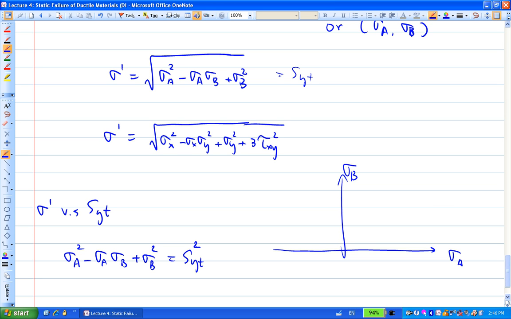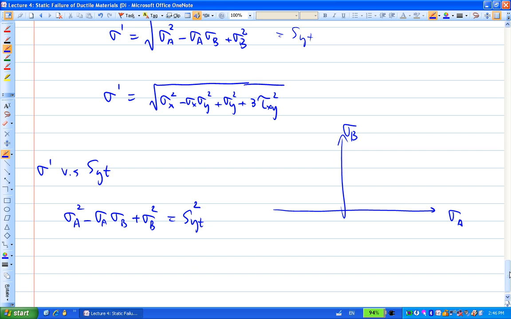This is basically the boundary, and the boundary separates the safe and unsafe regions. So the next question is, we're going to plot this in the sigma A and sigma B plane, because it's like an XY plane here, right?